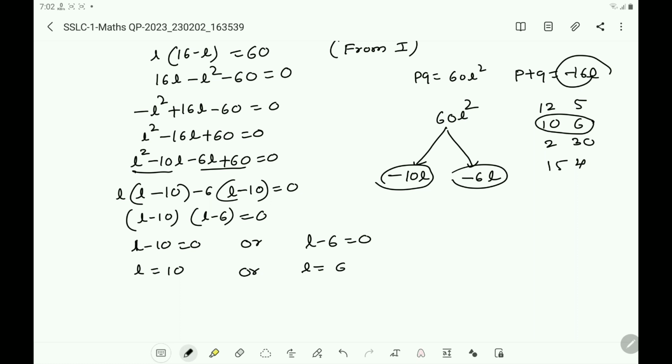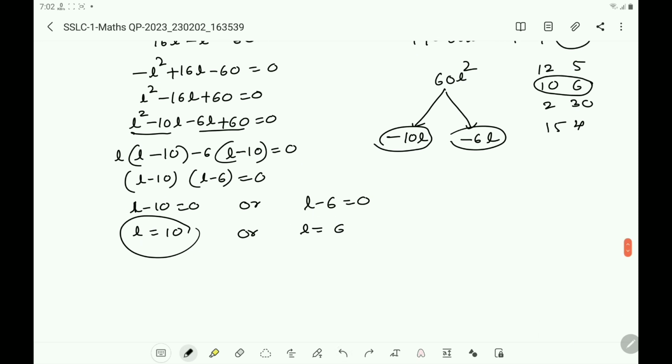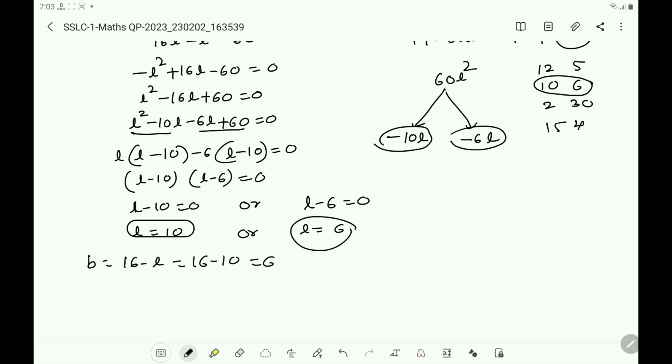And you know that here if you take L equals 10, then B becomes 16 minus 10, which is equal to 6. That is B equals 16 minus L, which is 16 minus 10, 6. If you take L equals 6, then it becomes 16 minus 6, which is equal to 10.